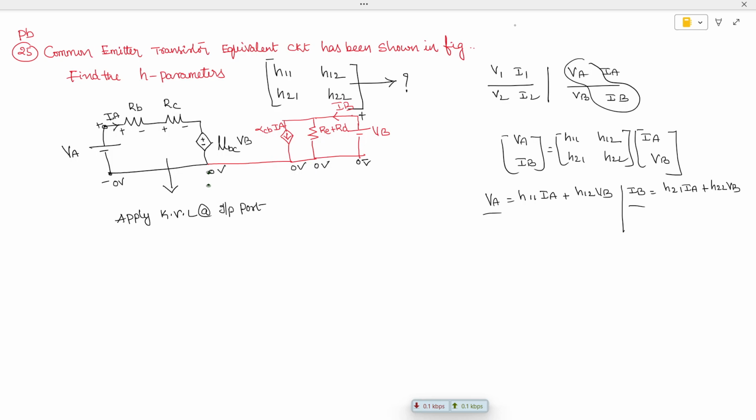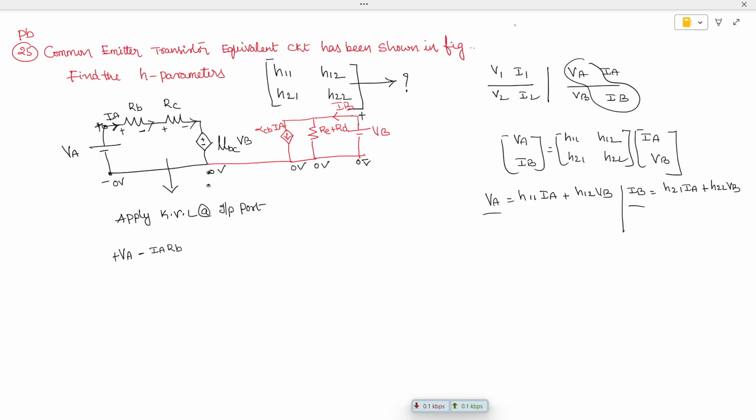So whenever the current is leaving, the leaving terminal is VA. Therefore we get plus VA, and the voltage drop at the leaving terminal is minus IA RB.